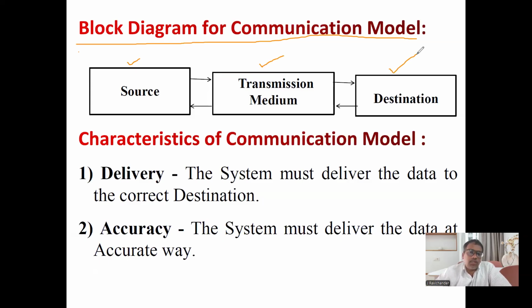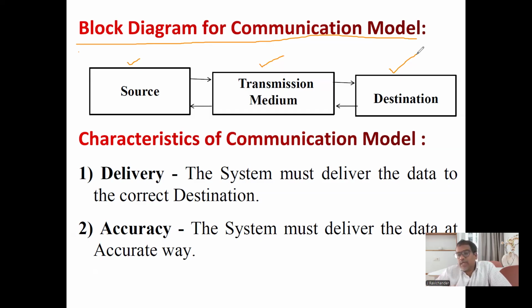There are three different elements. Then first, what is source? Source means which can generate the signal and which can be translated into bits or signals. That is called as a source.